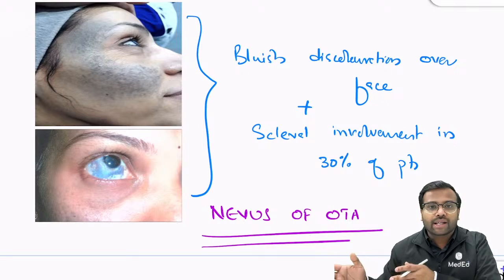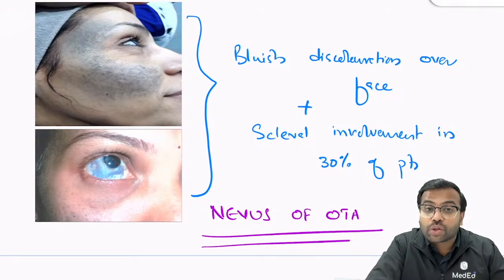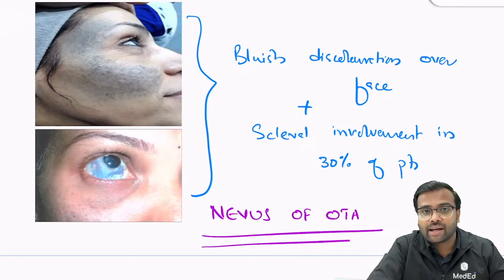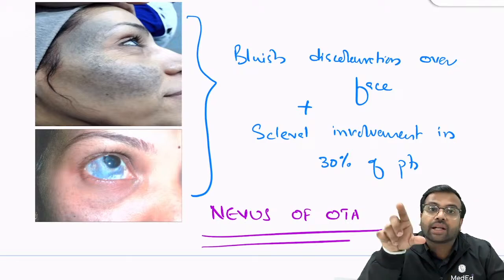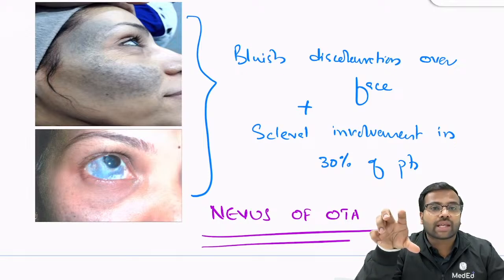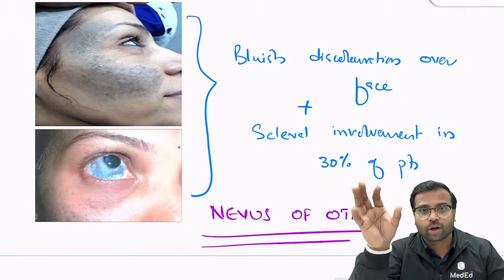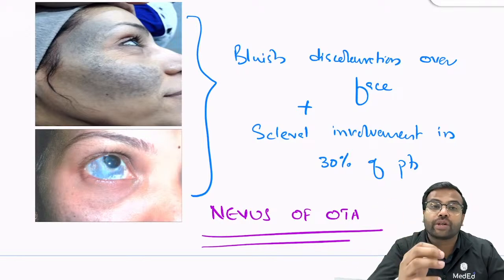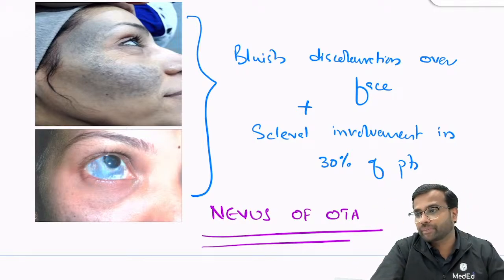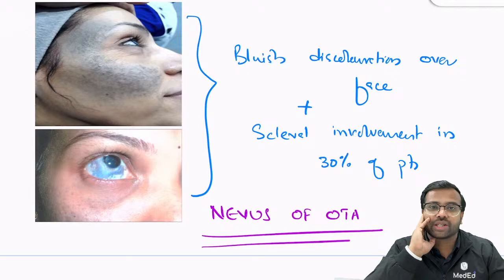From the neural crest, the melanocyte has to come down towards the stratum basale. What happens is there is an arrest, and the arrest happens in the dermis. When the melanocyte gets stuck in the dermis, this is called dermal melanocytosis, because of which there is a Tyndall effect, and the skin will appear blue in color. So this is nevus of Ota, where you get a bluish discoloration.